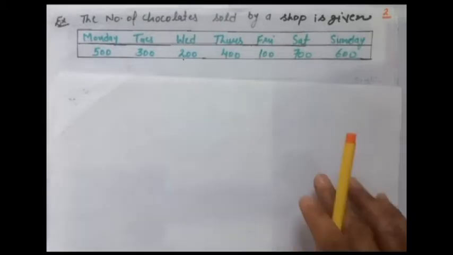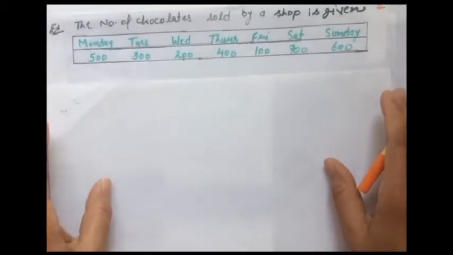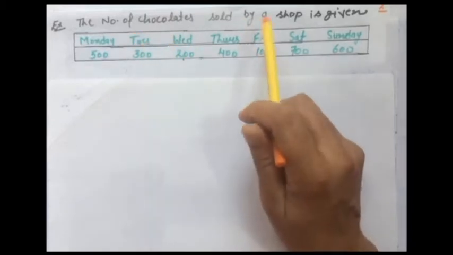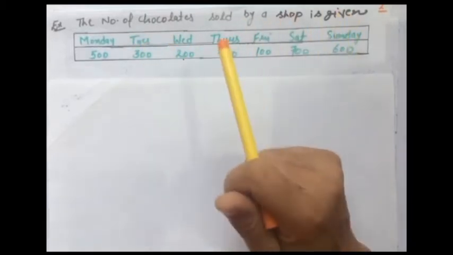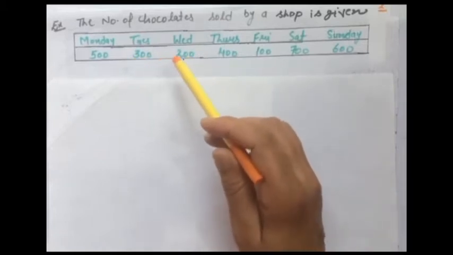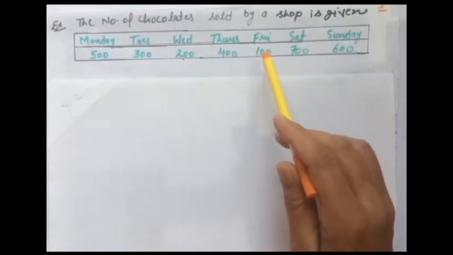Now let's take an example. The number of chocolates sold by a shop is given. This data is given and we have to represent it by bar graph.